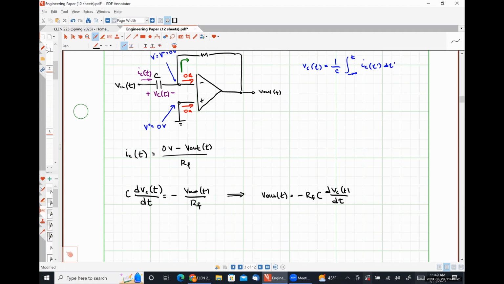They are the same thing. Vn is measured between this terminal and ground. Vc is measured between this terminal and 0 volts, which is effectively ground. So Vn and Vc are the exact same thing.